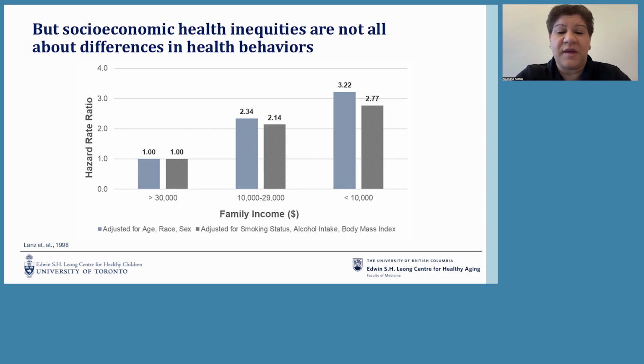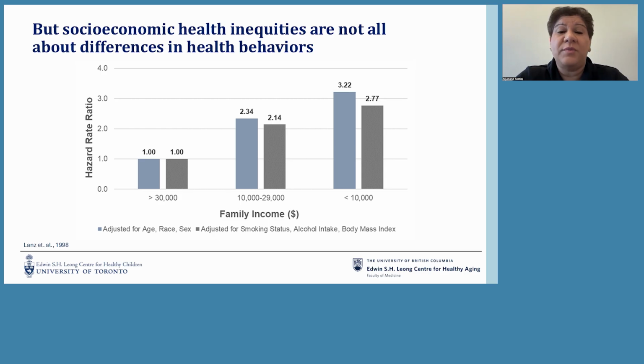And this is a US study. They used people who earn over 30,000 as a referent group, and they examined what the risk of mortality was in comparison to the earners of more than 30,000 in two groups: one group that earned 10 to 29,000 and another group that earned less than 10,000. So both earning less than the referent group.